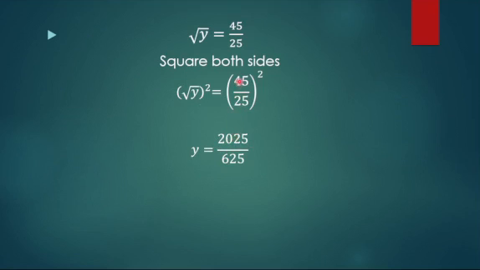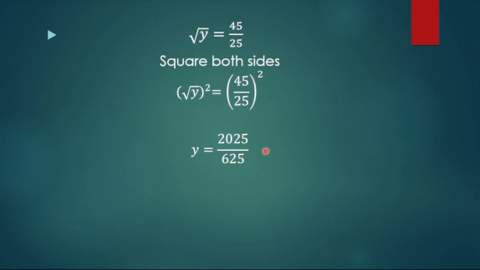2025 is the square of 45, that is 45 times 45, and 625 is the square of 25. If you check these two very well, the numerator and the denominator, something can divide both of them that is common to them.